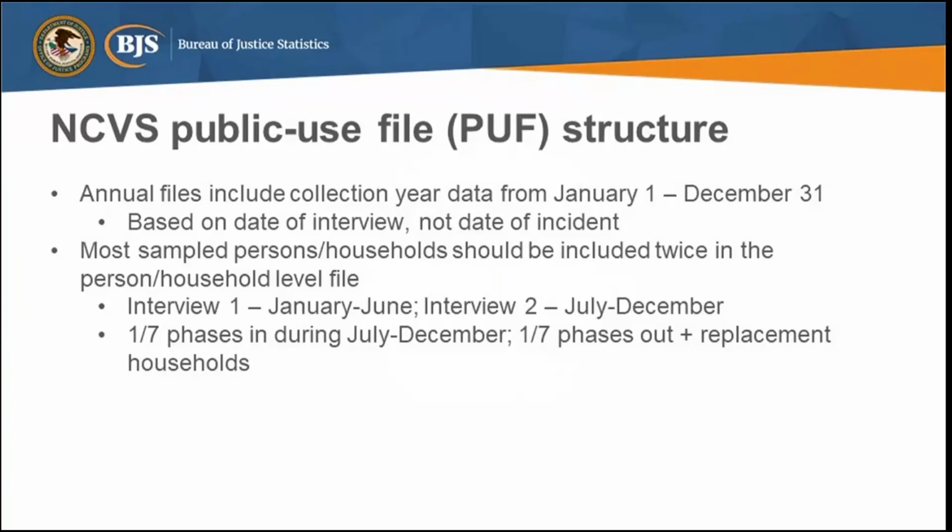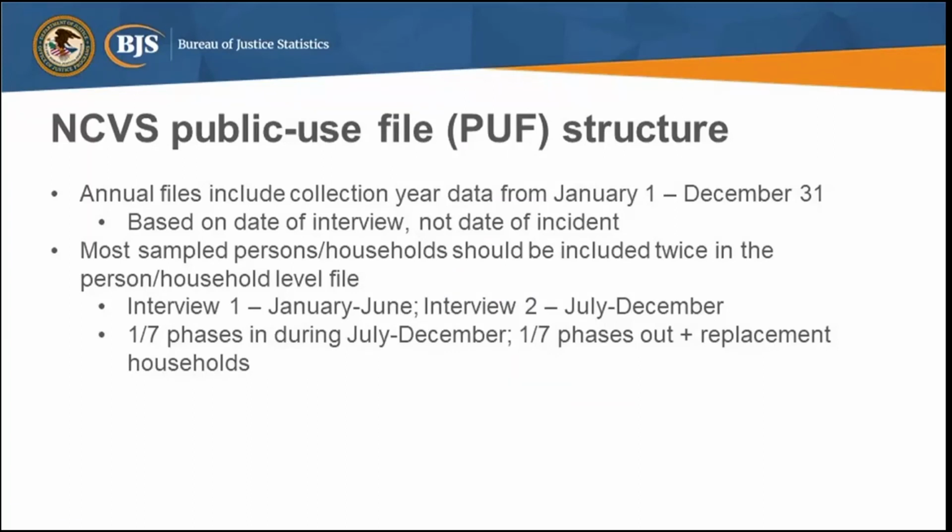The NCVS annual public use data files include collection year data from January 1st to December 31st. These dates are based on the date of the interview, not the date of the incident. Most of the sampled persons and households should be included twice in the person or household level files. NCVS interviews are conducted continuously throughout the year, and persons in each household are interviewed every 6 months for a total of 7 interviews.